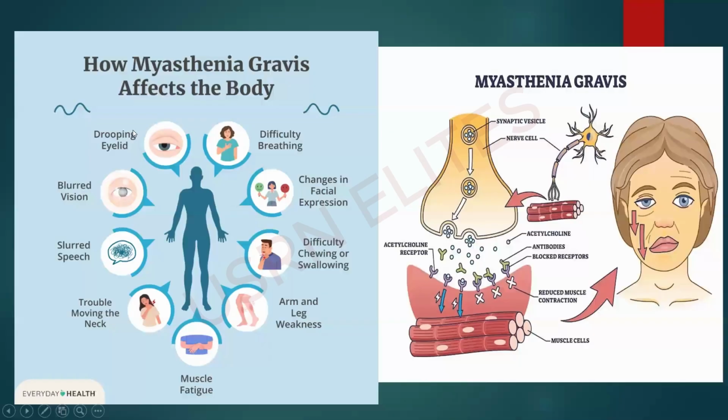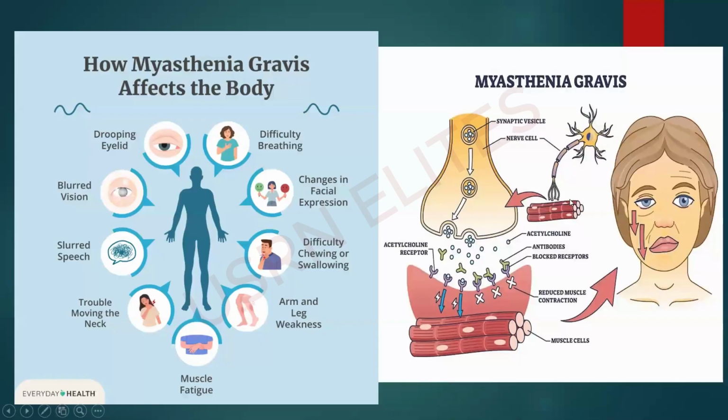You see drooping eyelids, difficulty breathing, changes in facial expression, blurred vision, slurred speech, trouble moving the neck, muscle fatigue, difficulty chewing and swallowing, arm and leg weakness. You see all of these things happening.